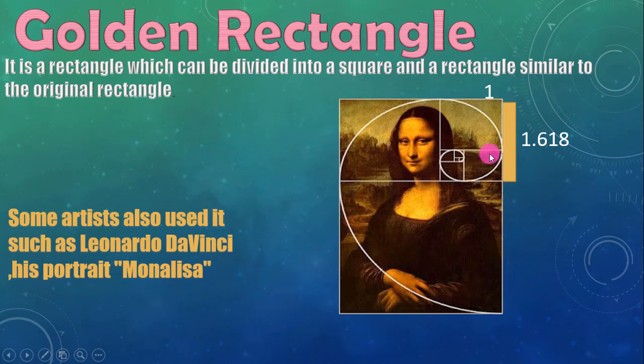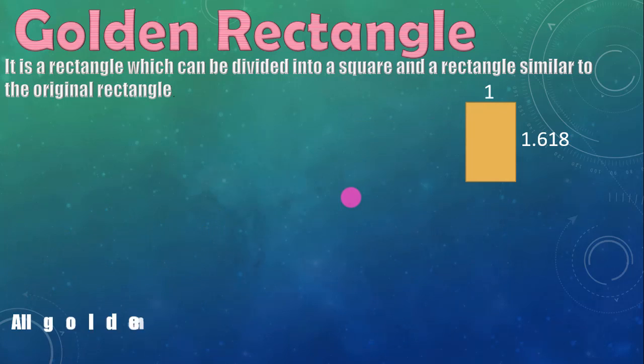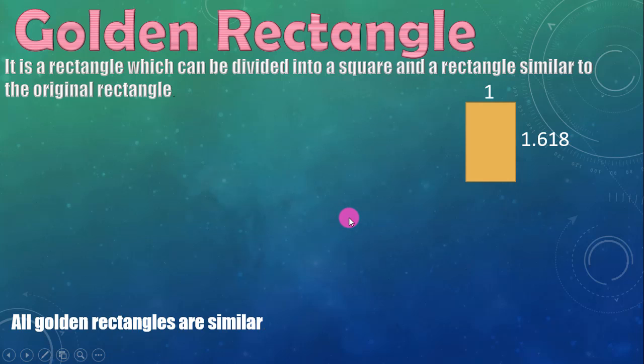By subtracting this square, it gives us a golden rectangle with no end. So the Mona Lisa portrait is also a golden rectangle. So we can say that all golden rectangles are similar to each other, because all golden rectangles have a main ratio which is 1 to 1.618.